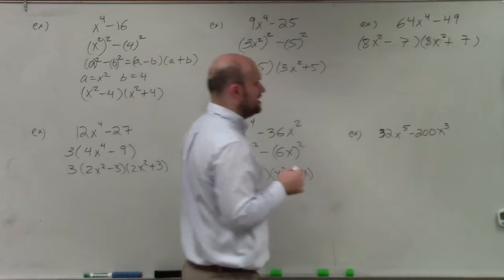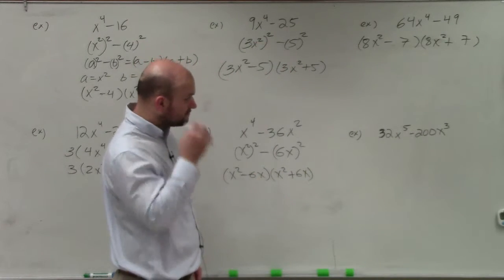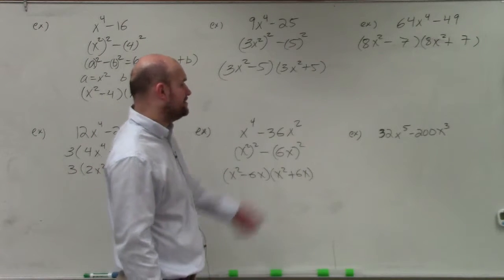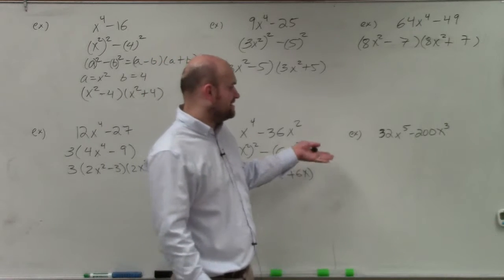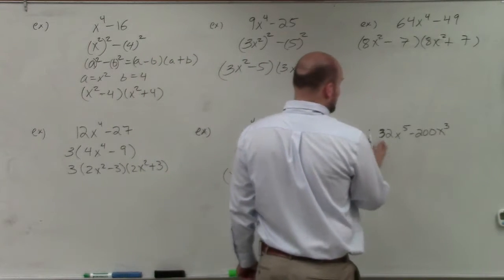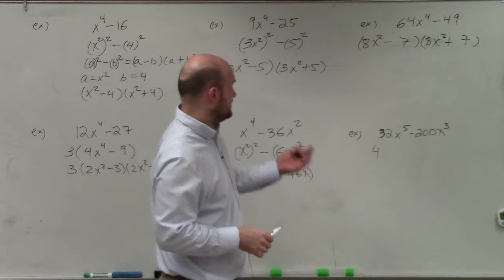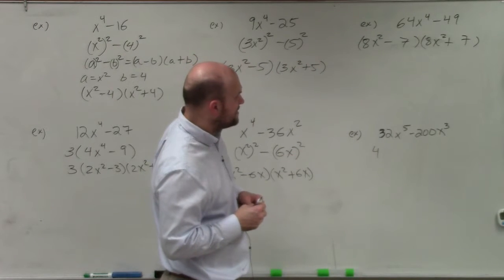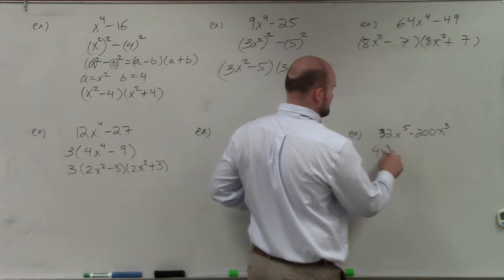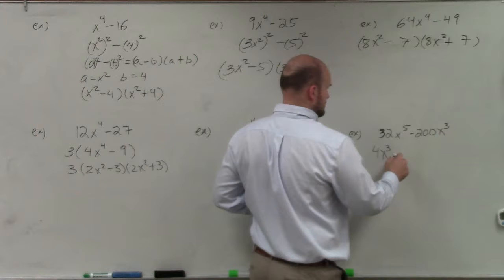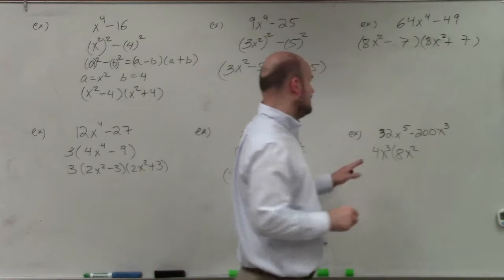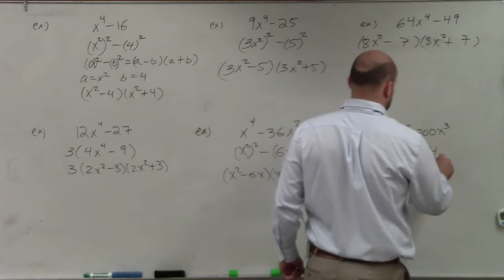I notice they both share a 2, and they have a 4 in common and an x cubed. So if I factor out a 4x cubed, then I'd be left with 8x squared minus 40.